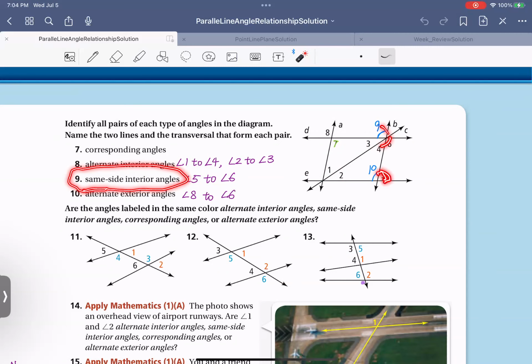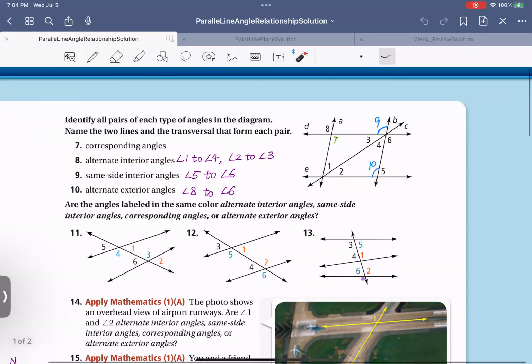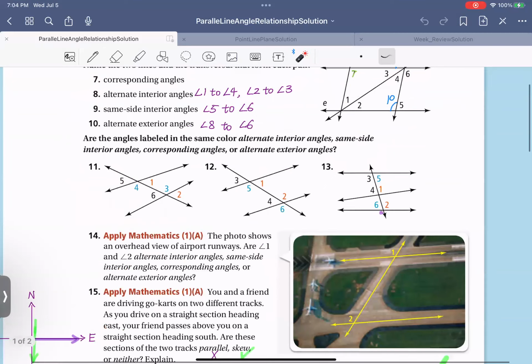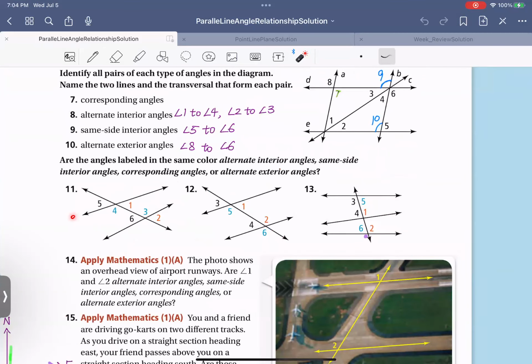Everybody has to pay attention because I will ask you these names very quickly. Everybody will be called on. And then let's take a look at this. Here, when you have these two kinds of lines, you still call this same side. It's the same position, so you call these two corresponding angles.